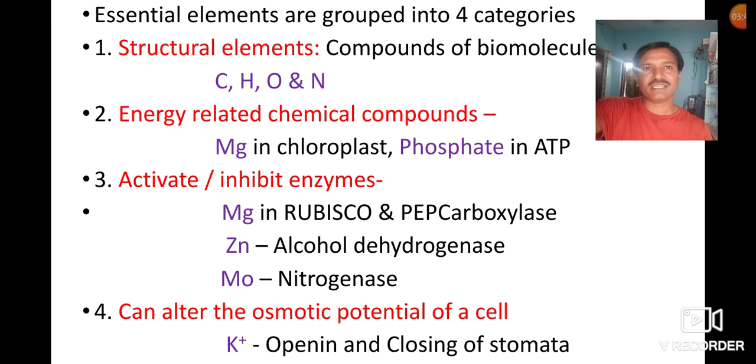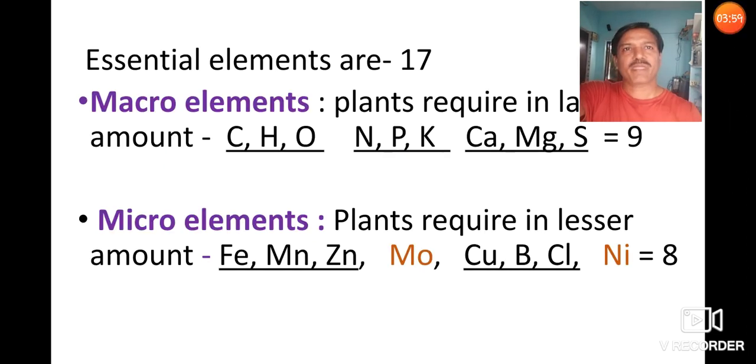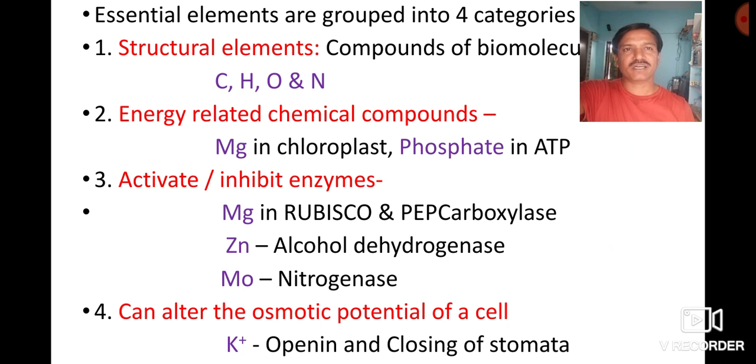Some are structural elements: carbon, hydrogen, oxygen and nitrogen, CHO and N. Energy related chemical compounds are 2: magnesium and phosphate. Magnesium is present in chlorophyll and phosphate in ATP.